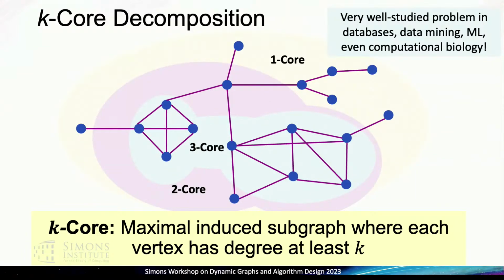For one reason or other, all three of those other concepts are more well studied in the theory community than K-core decomposition. So actually, a lot of the best known theoretical papers for K-core decomposition come from VLDB, KDD, ICML. So these related adjacent communities.